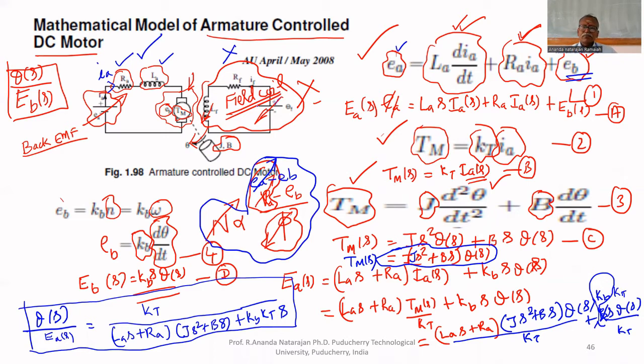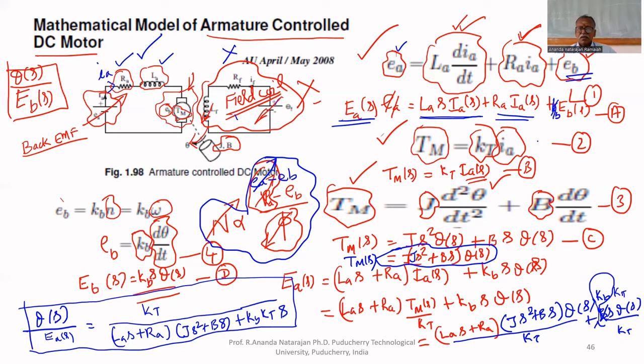If you take Laplace transform, assuming zero initial condition, you will get EA of S equal to LA S IA of S plus RA IA of S plus back EMF EB of S.